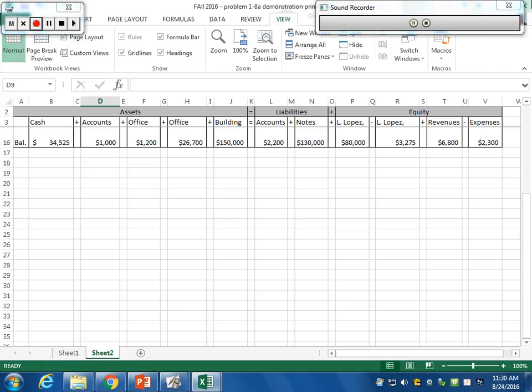Minus expenses. So what are the amounts? Revenues equal 6,800 minus expenses of 2,300 equal 4,500. Everybody agrees?